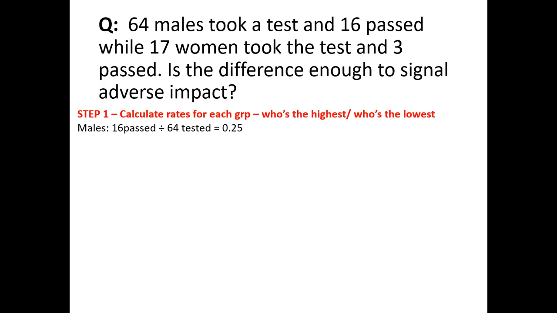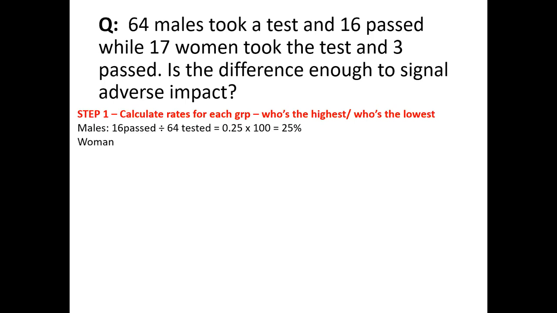Now we want a rate, a percentage, so we multiply by 100, and yes, 25% of the males who took the test passed. We don't know if this is the highest or lowest rated group, because it's always relative to the next group.